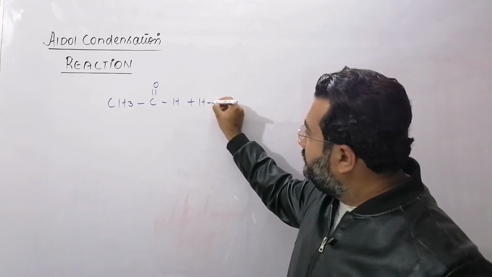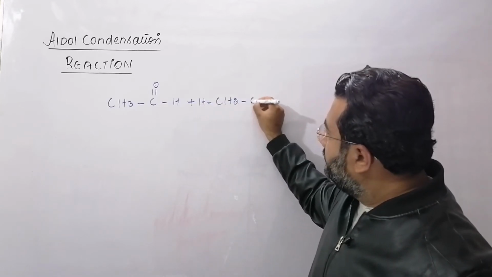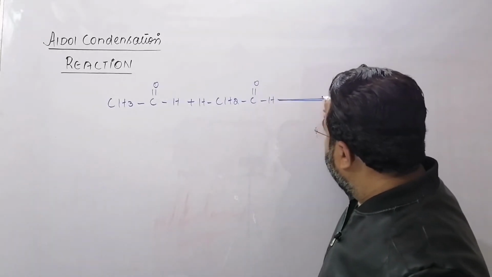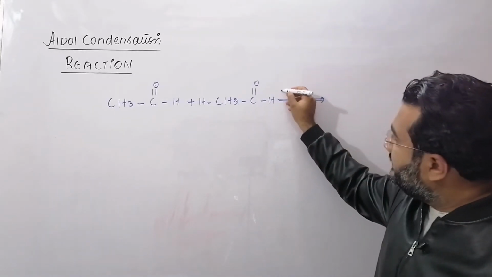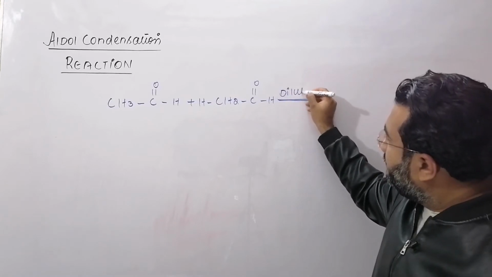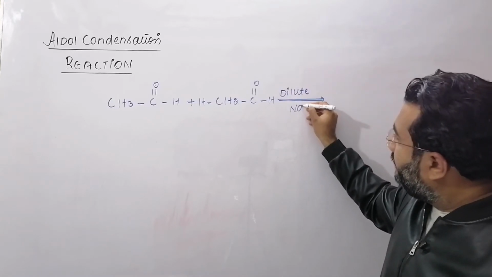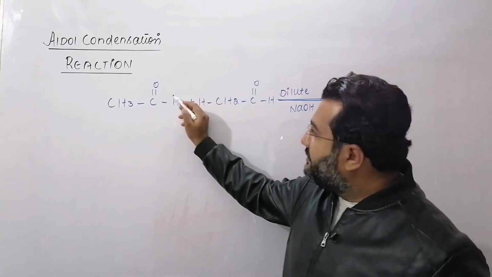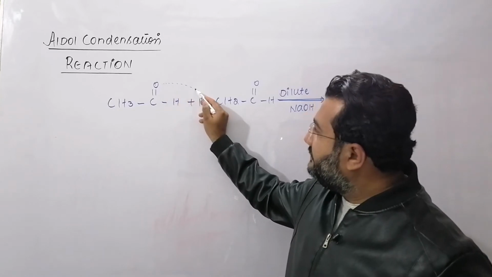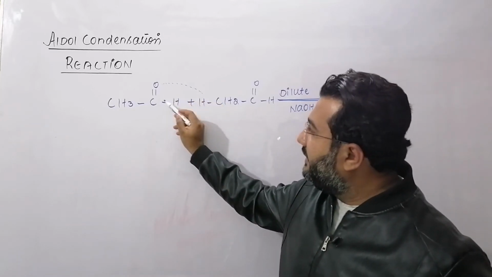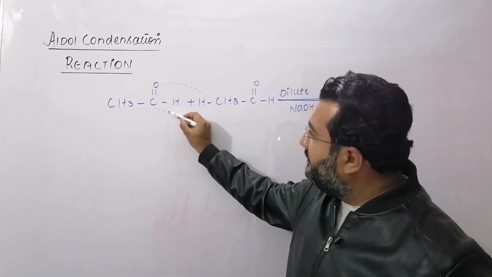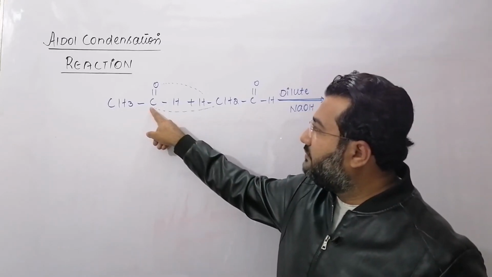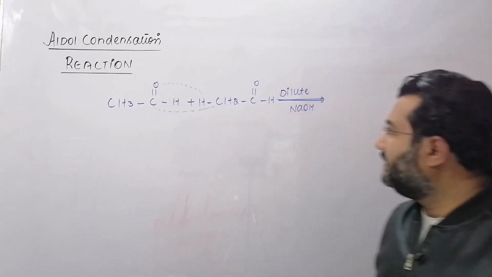There will be two molecules of ethanal that will be self-added. The alpha hydrogen will move to the oxygen of the carbonyl group of an aldehyde, and the alpha carbon will be attached to the carbon of the carbonyl group of the other aldehyde molecule.